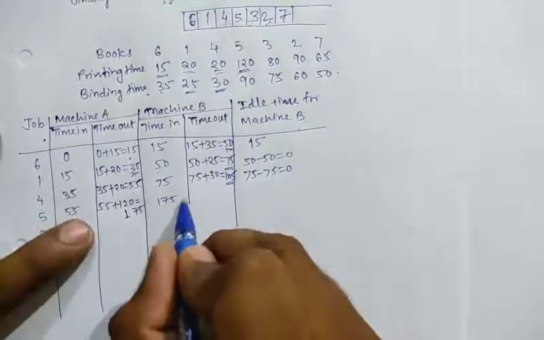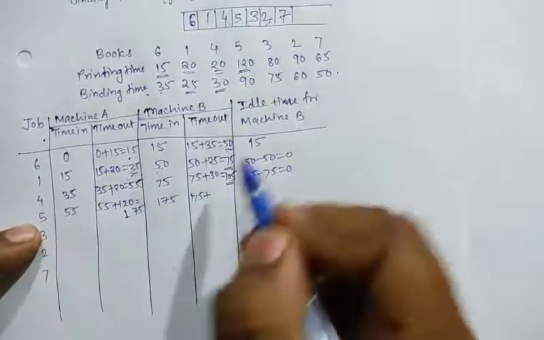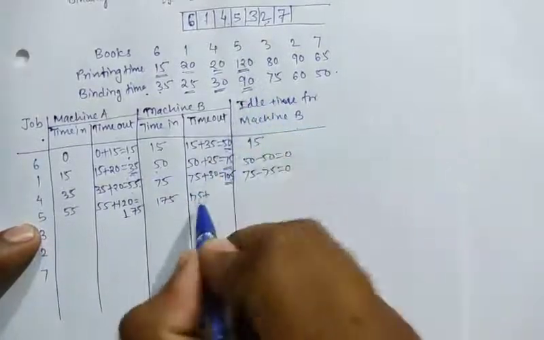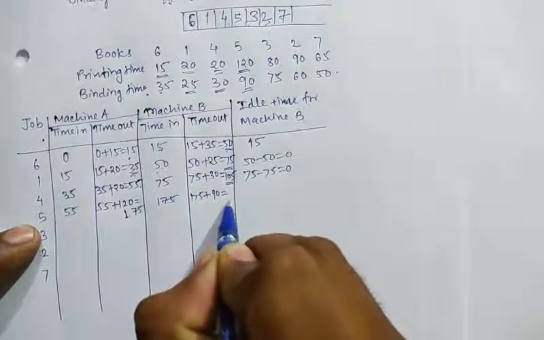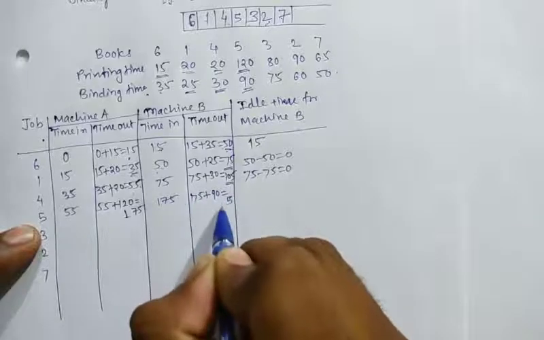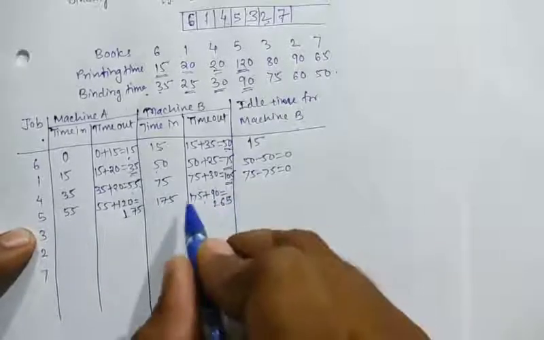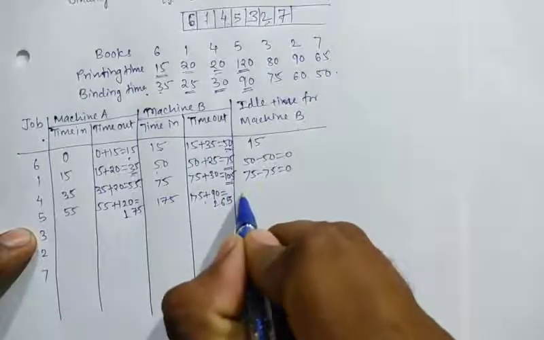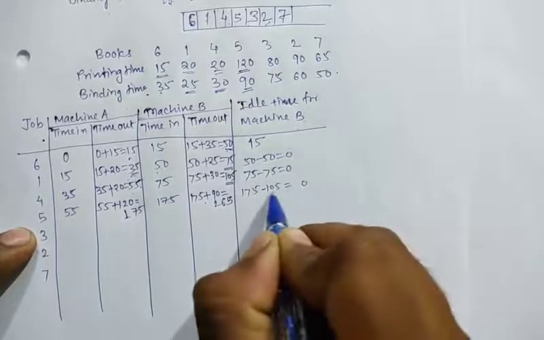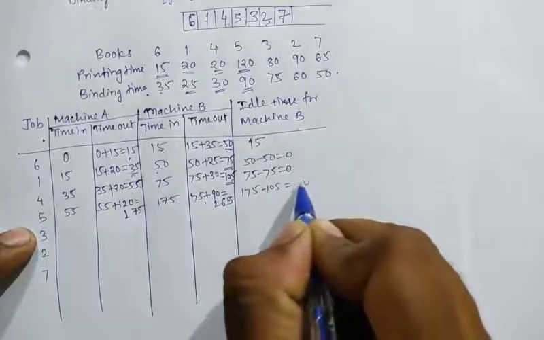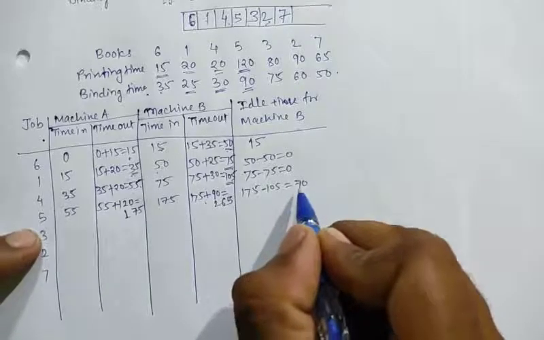Okay, so here 175 plus for fifth job and second machine it requires 90 hours, which is equal to 265 hours. So idle time for this is 175 minus 105, which is equal to 70. So we get 70 hours.